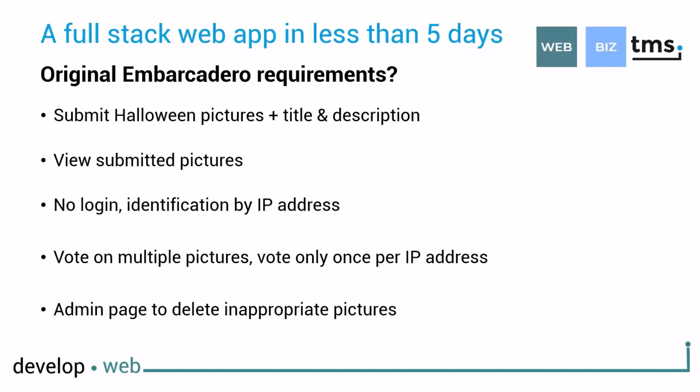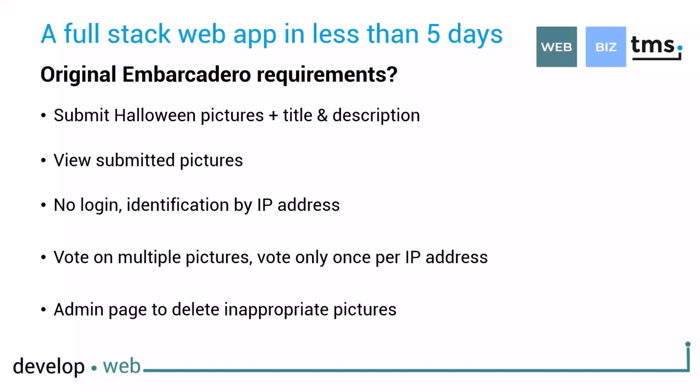The first thing we did was translating the requirements that were expressed in that initial email on October 14th to the requirements that we saw for this Halloween contest application. So from the original requirements, we made up a list of things to do.